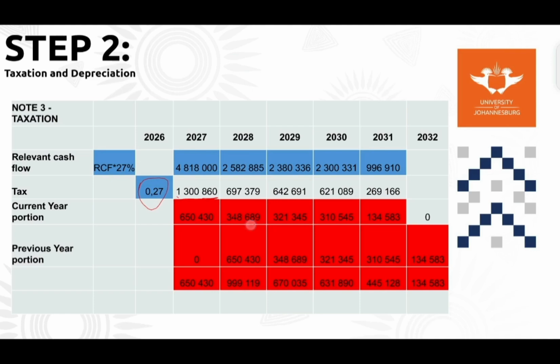So it's going to basically zigzag that way, and that is why we have the year 2032 as part of our calculations, because we have these outstanding tax amounts that we had to pay from 2031 and 2030. All right, so that is how you do the tax if it's got a lag.